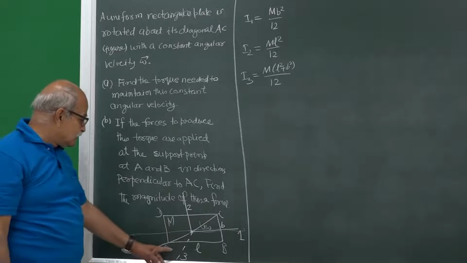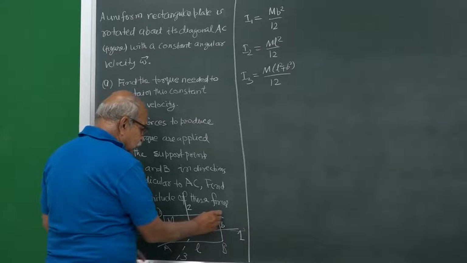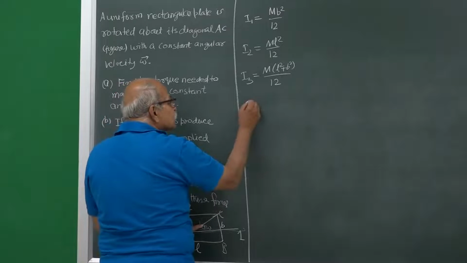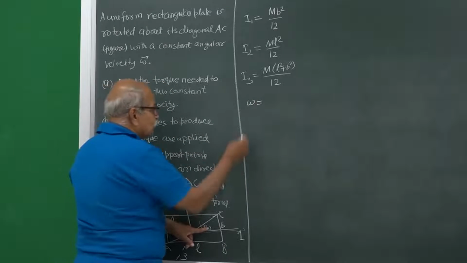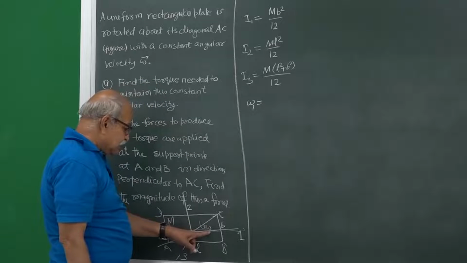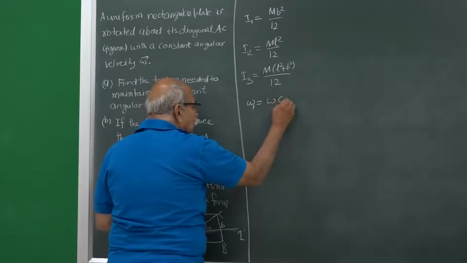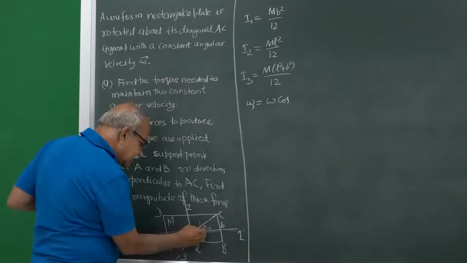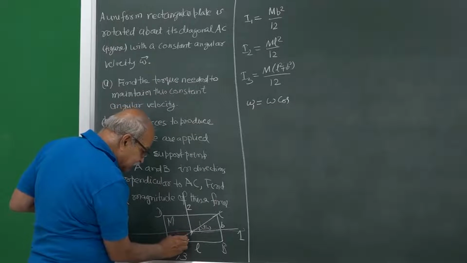And omega, this is the omega direction and the magnitude is omega and that is fixed. So, omega 1 is the component in one direction, that is omega into cos of this angle, let us call this angle theta.